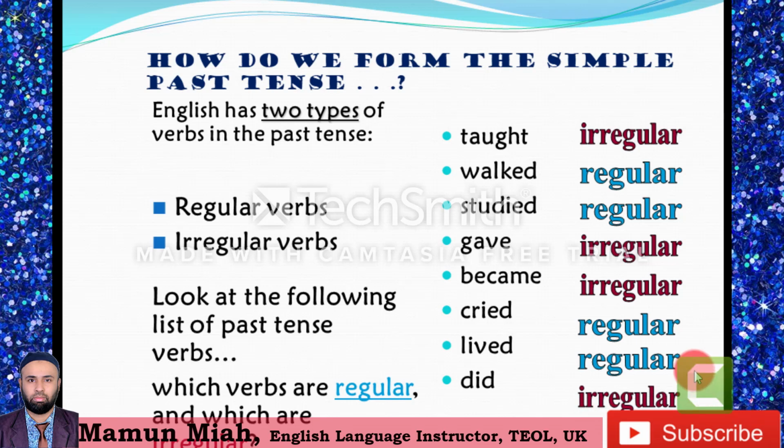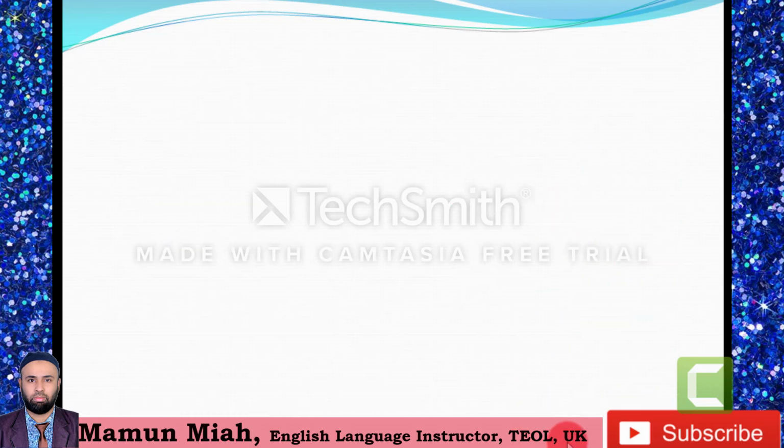Now, my dear student, can you tell why some verbs are regular and the rest are irregular? Of course, there is a technique to find out the regular and irregular verbs. Okay, let's go to the next page.